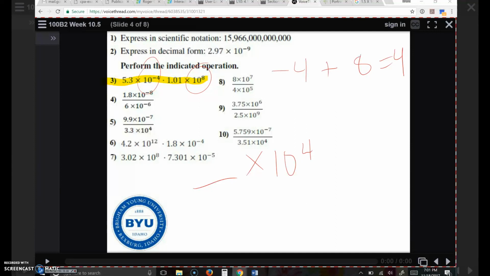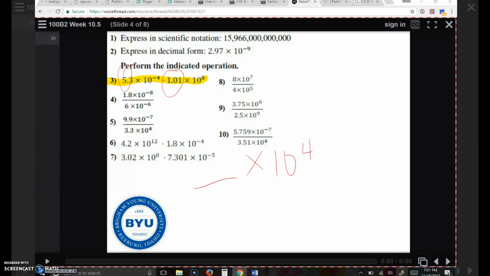Okay, so next, now I'm going to erase this. And now let's look at these. Now we can just say 5.3 times 1.01.